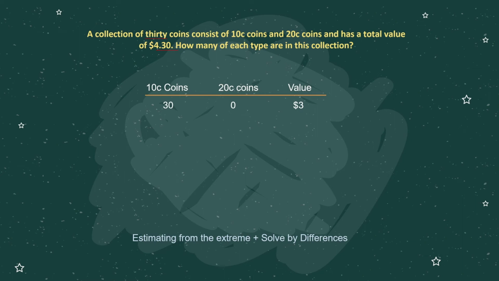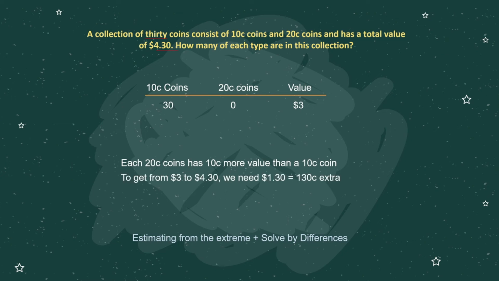Now for each 10-cent coin replaced by a 20-cent coin, we're going to get 10 cents of extra value. And from $3, we are $1.30 or 130 cents away from the $4.30 that we need to get to. This means that we have to change 13 coins from 10 cents to 20 cents.